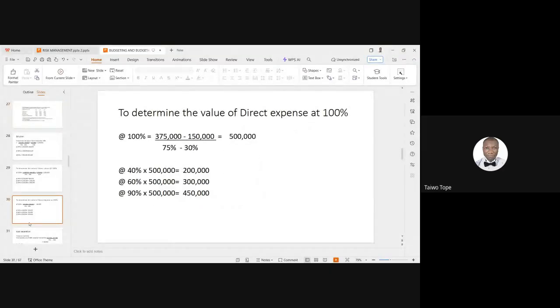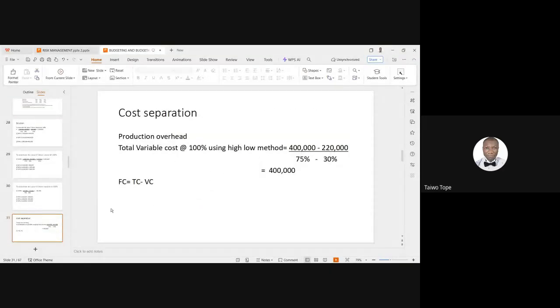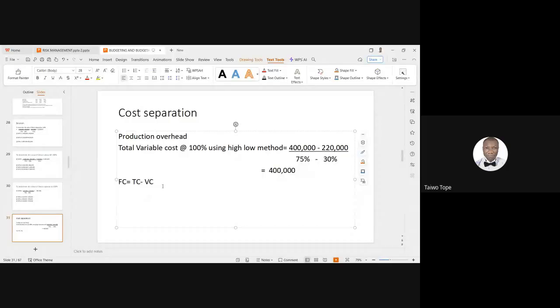Fine. Follow. Fixed costs will always be constant at any activity level, so we'll test for that. Determination of fixed cost.